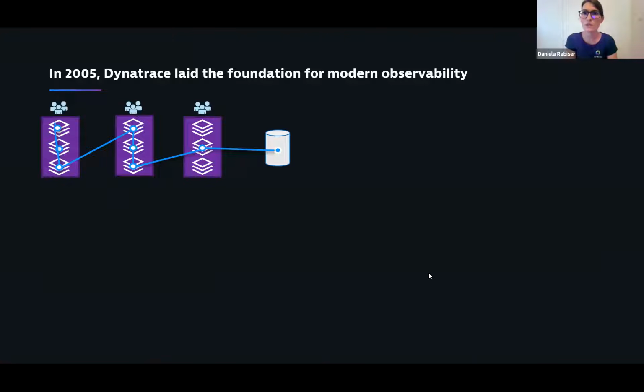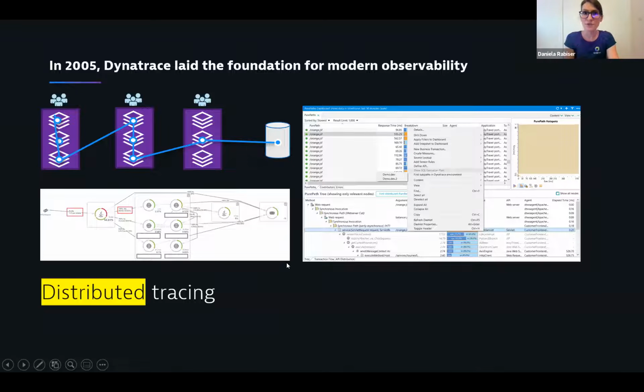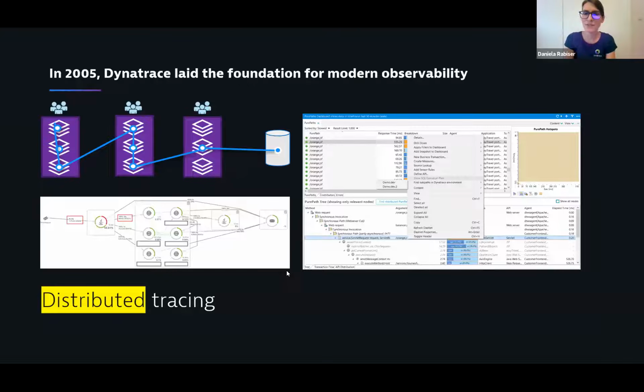And also, these systems often talked to each other or to databases, and this was at some point impossible to trace as well. And around 2005, someone in Linz in Austria faced exactly this problem, and created a very capable solution that provided exactly this. So these were the early days of Dynatrace.